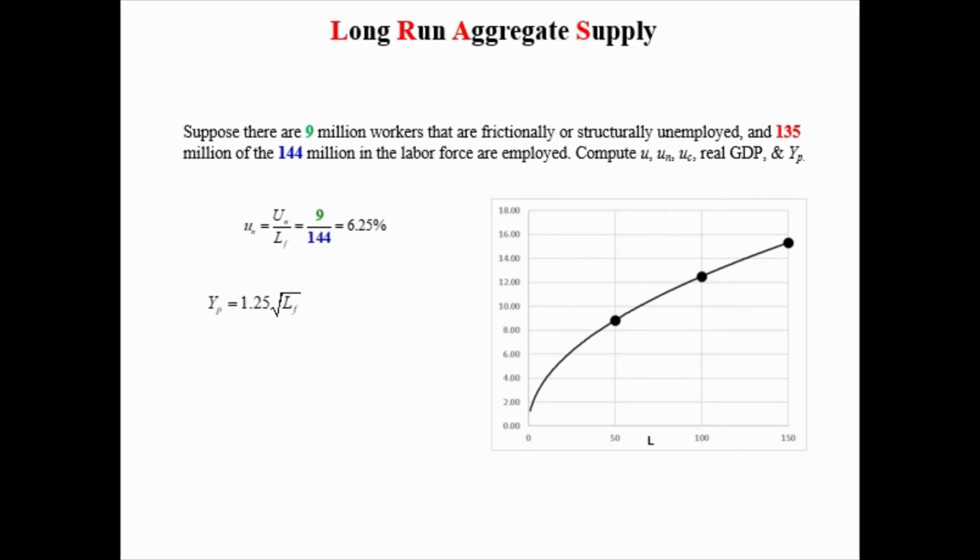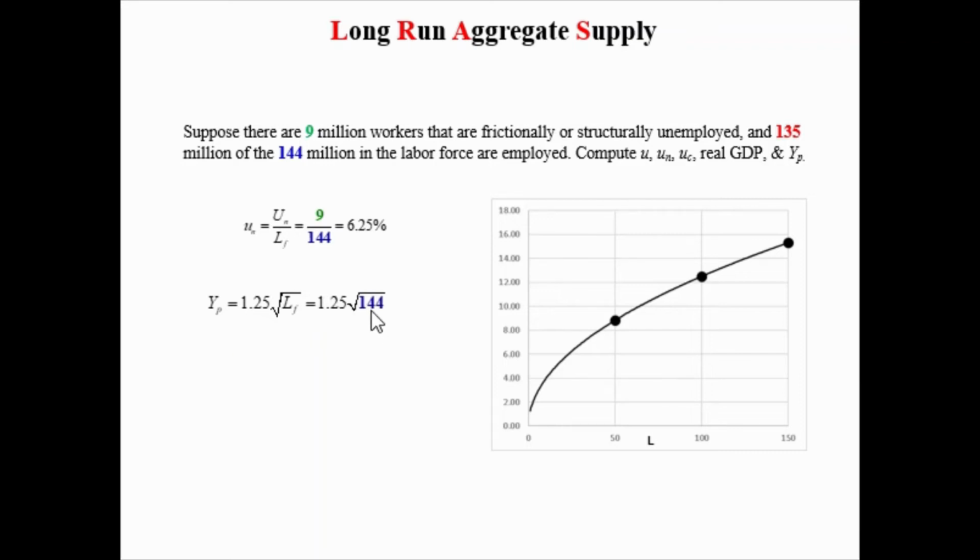Okay? Now, to calculate potential GDP, we're going to use the same short-run production function, only this time we're going to use the labor force instead of the effective number of laborers. Okay, so this is labor force. So Y_P equals 1.25 times the square root of LF, labor force, potential GDP.